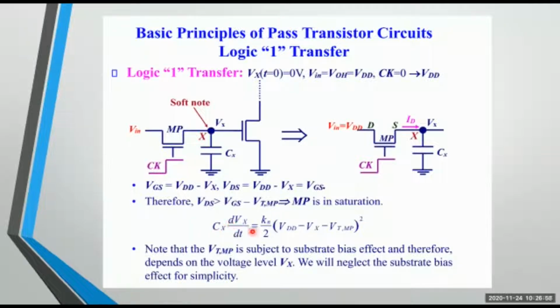Now we'll try to integrate this and find out the output of this particular parameter in the next slide, how to obtain that. See now, this threshold voltage VT of MP is subject to the substrate bias effect, depending upon the voltage level at Vx, but we will be neglecting the substrate bias effect for simplicity.